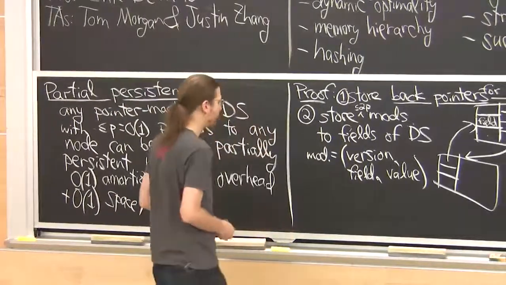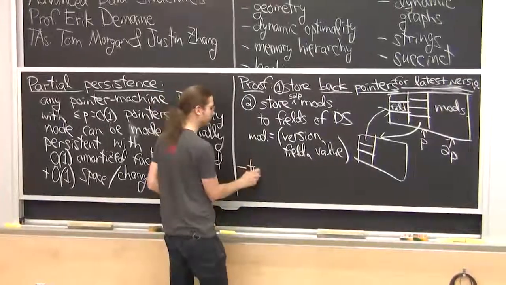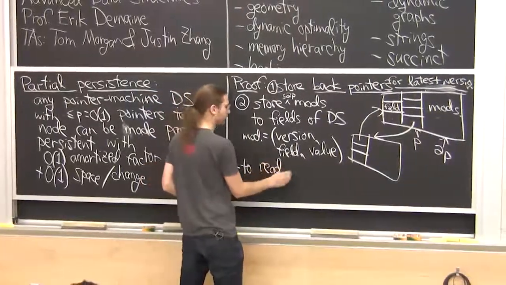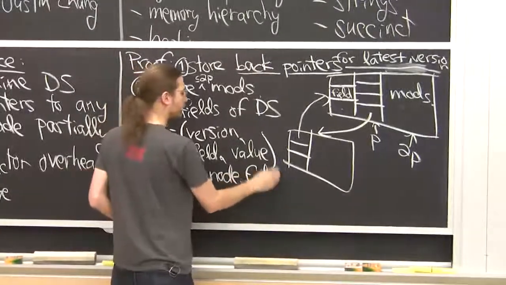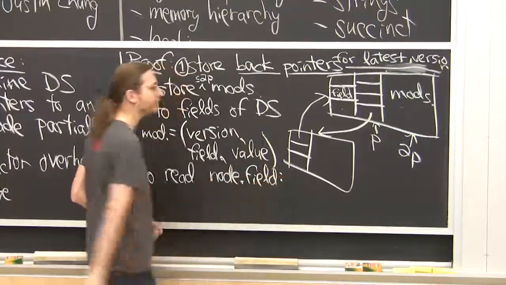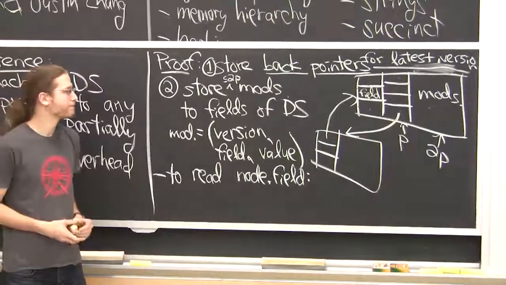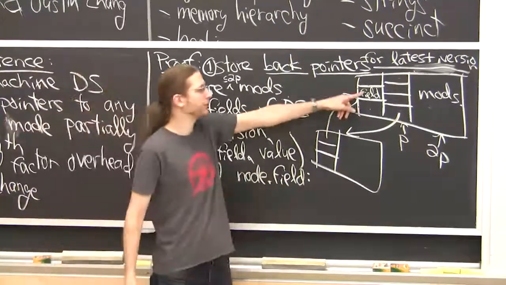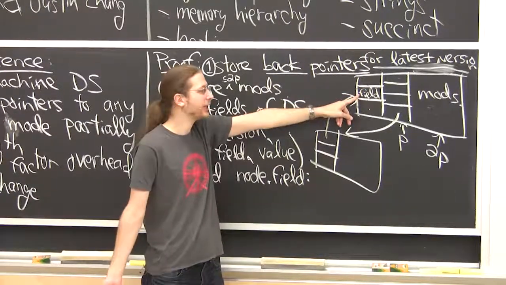So first thing is, how would I read a field? This is really easy. You first look at what the field is in the node itself, but then it might have been changed.